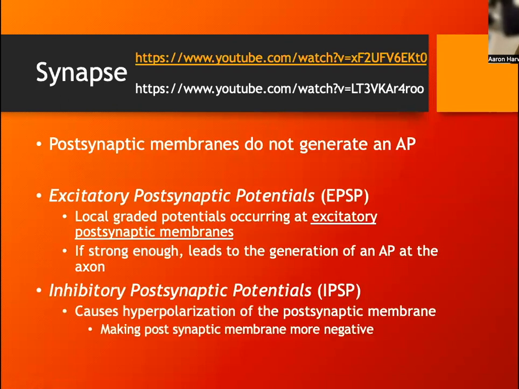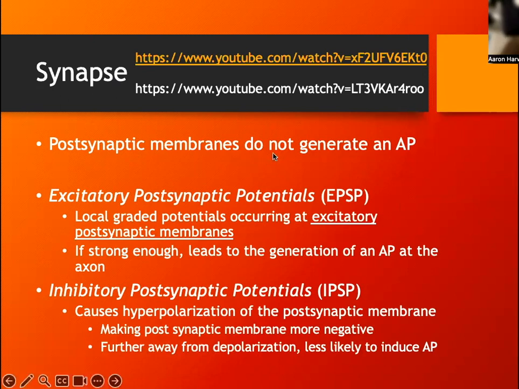So a little bit more about synapses here. Postsynaptic membranes do not generate an action potential generally. There's this principle here of excitatory postsynaptic potentials, EPSP. Local graded potentials occur at excitatory postsynaptic membranes. If they're strong enough, that could lead to the generation of an action potential.